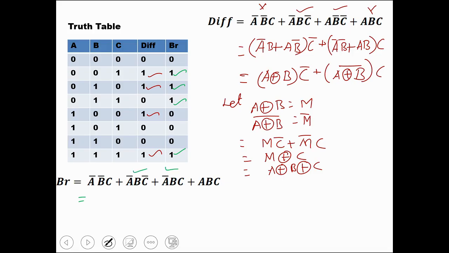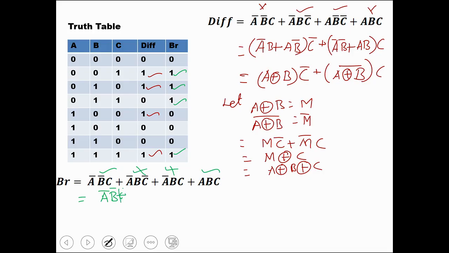So if we consider these two terms, A bar B bar C and ABC, in both these expressions, C is common.